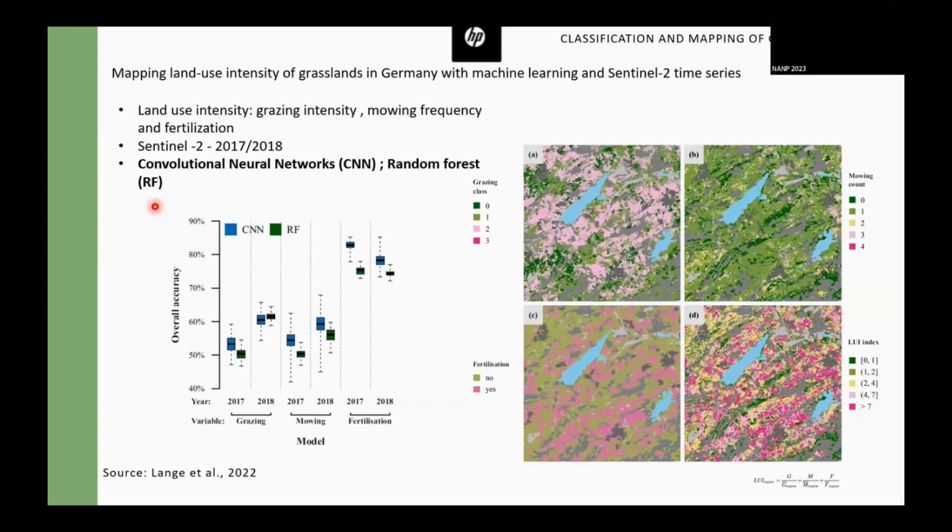And they tested 2 models, convolutional neural networks and random forest. The authors concluded that CNN is better than random forest, and they could classify the area with a precision of 66%.